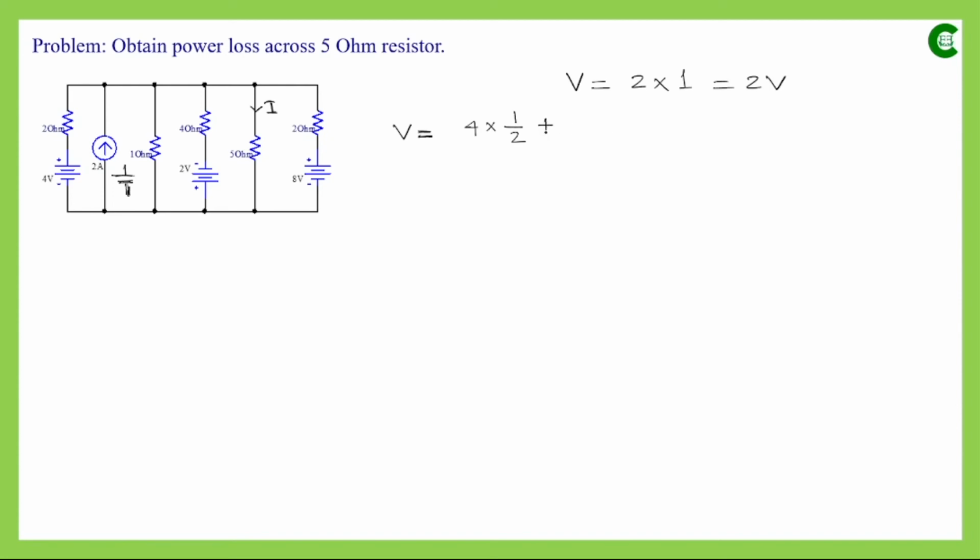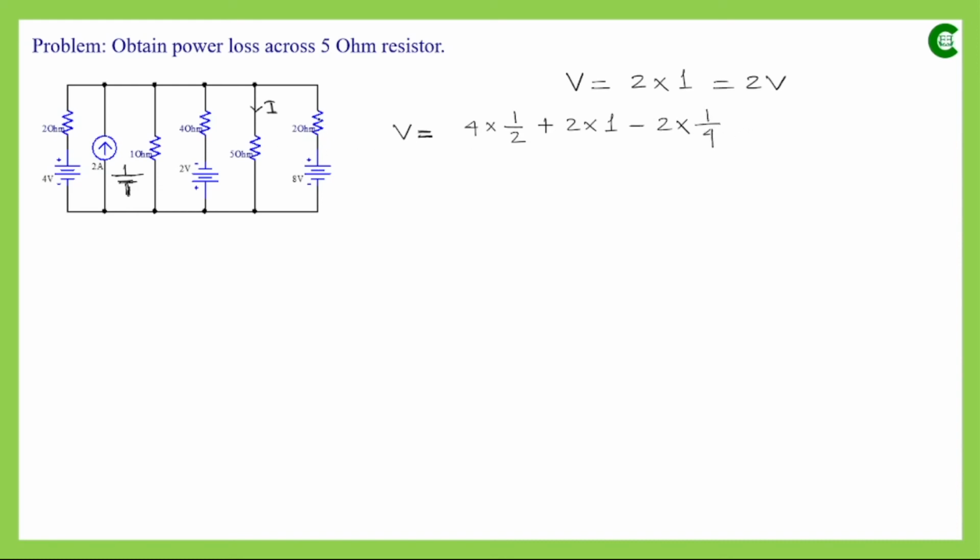So for that branch, it will be 2 multiplied by the conductance value, which is 1 by 1, so that means it is 1. And for this branch, the polarity is opposite, so the voltage value will be taken as negative with respect to the others. So it will be minus the voltage value multiplied by the conductance value, which will be 1 by 4.